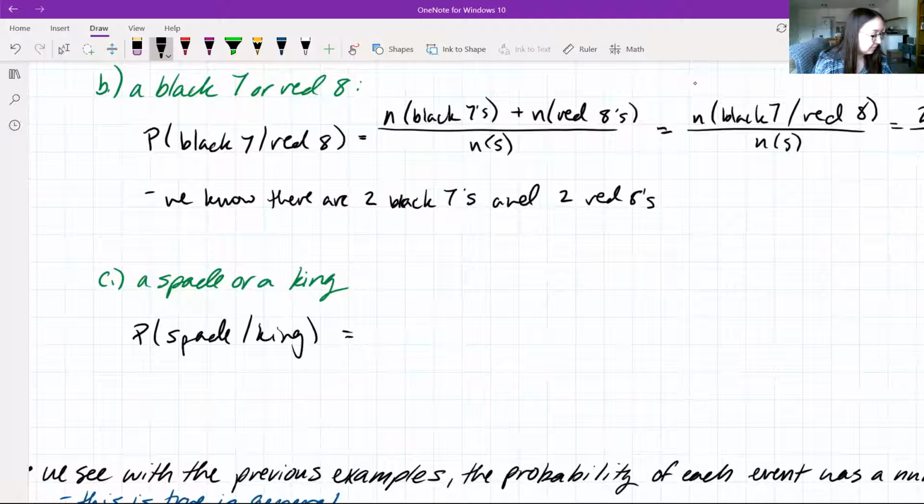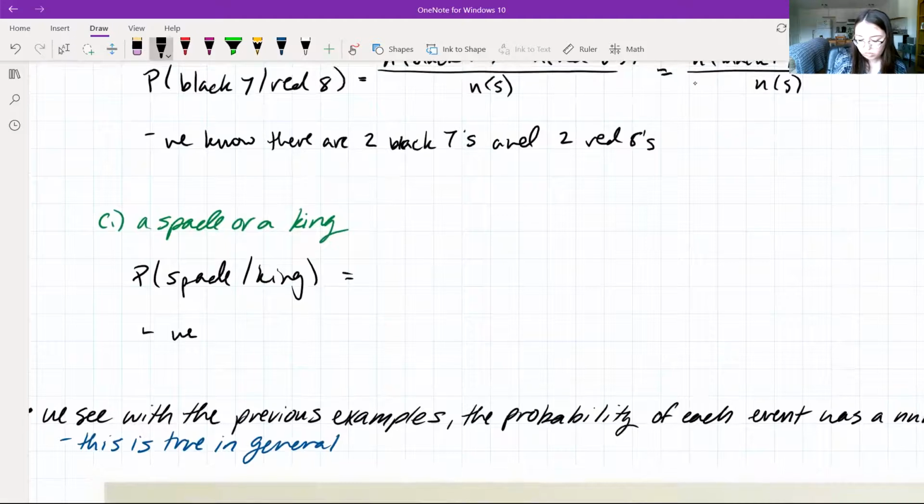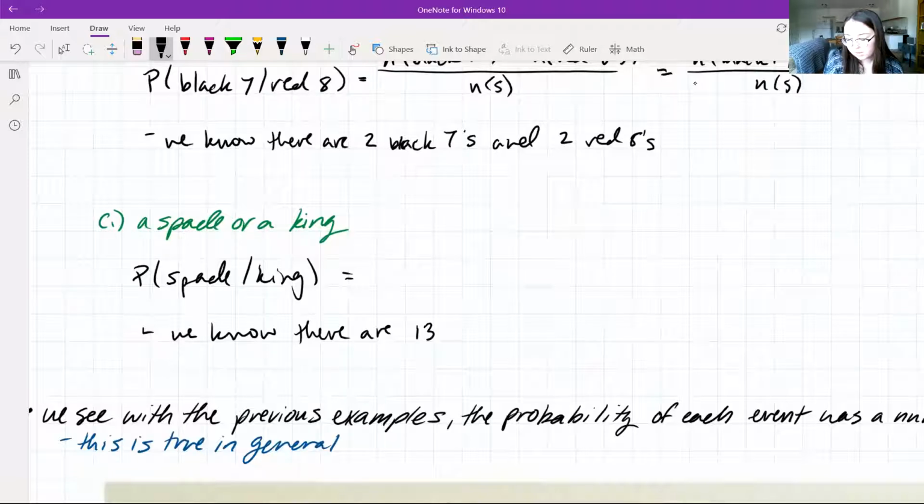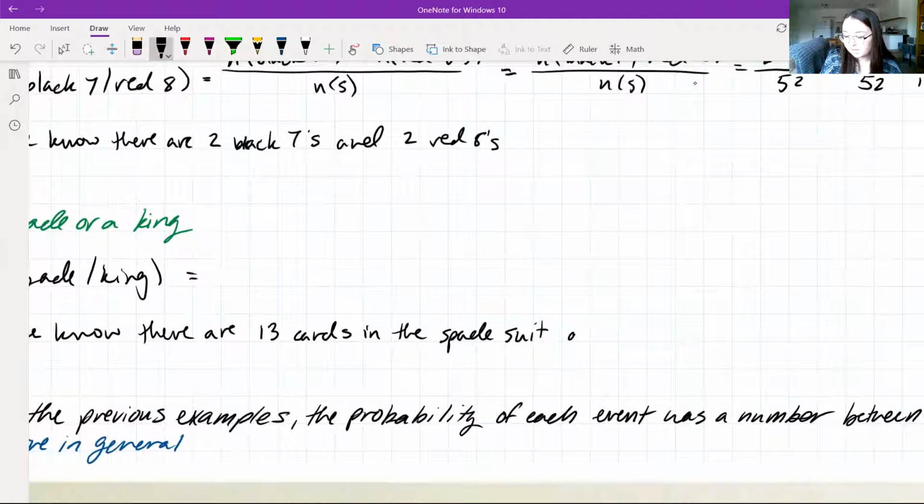This is going to be something similar, but we know there are 13 cards in the spade suit and 4 kings in all.